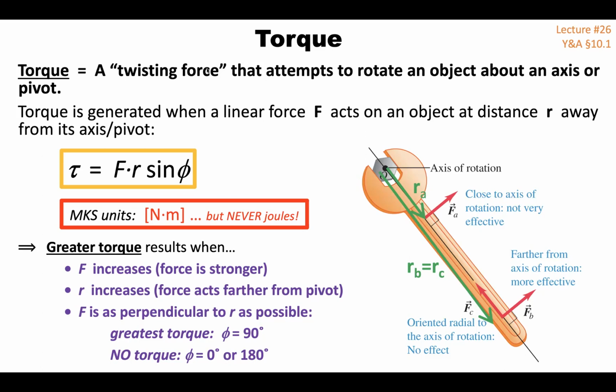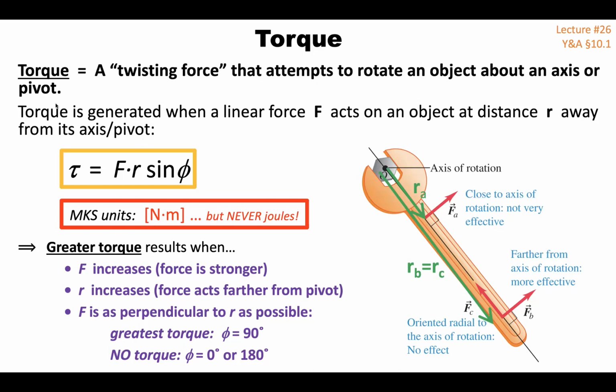It is any sort of twist that attempts to rotate an object about an axis of rotation, or an intended axis of rotation in case the object hasn't actually started to move yet. Almost every problem like this is going to have some natural pivot point or fulcrum or something that would serve as an axis if the object already were spinning.